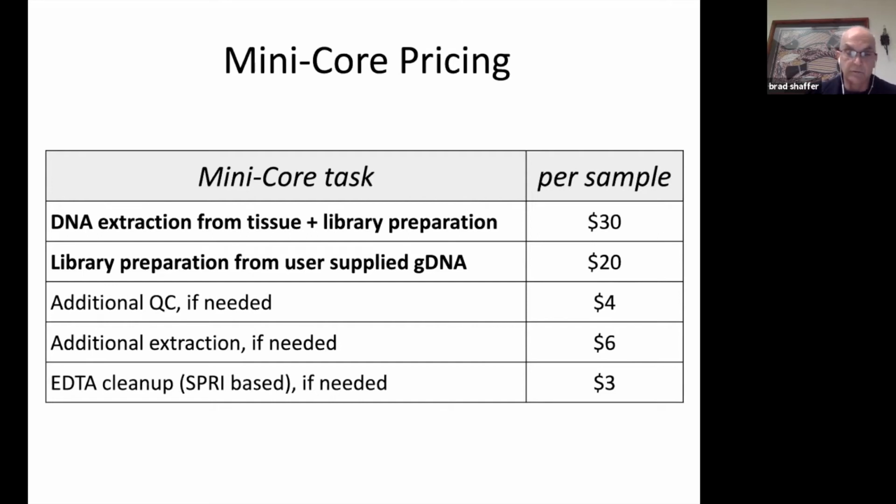Sometimes there may be some additional quality control that we need to do. That adds a few dollars. We may need to do an additional extraction, especially if the material is somewhat degraded or just really difficult to work with. That can add, say, around $6. We may need to do an SPRI cleanup, and if that's needed, that'll be an extra $3 per sample.